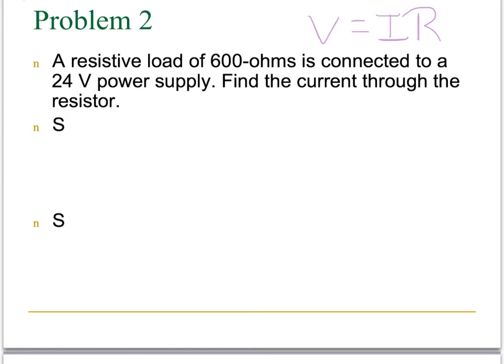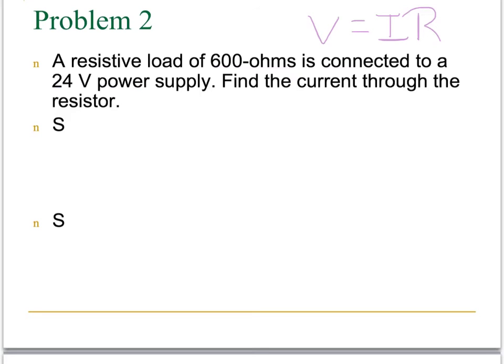This time, let's try the problem by rearranging the equation first and substituting the numbers second. That would mean we are looking for I, so we have V equals IR.